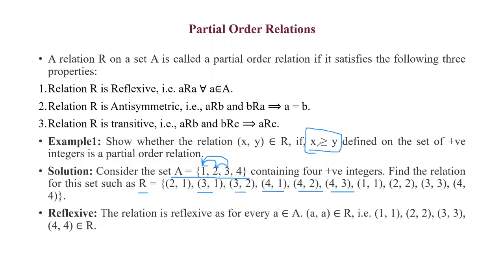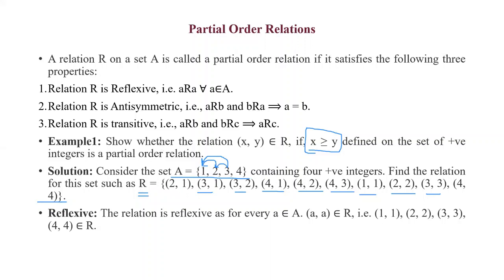Again, first element greater than or equal to, so for equal to, we have 1, 1; 2, 2; 3, 3; and 4, 4. So this is your R. Here we have found out R.